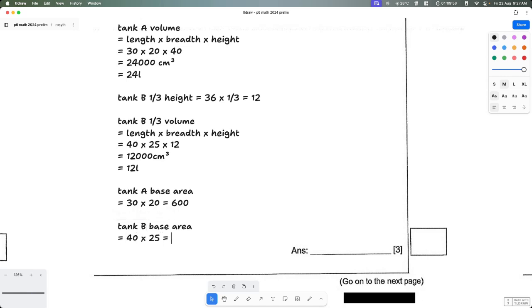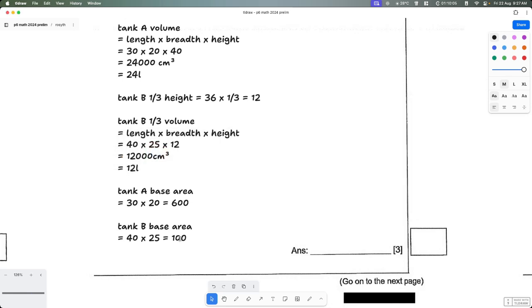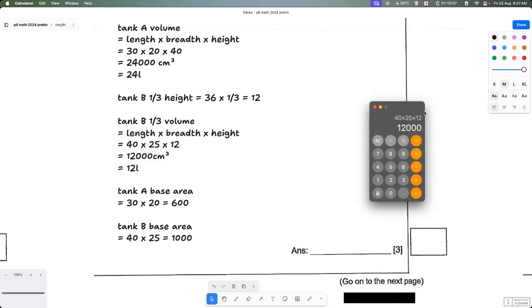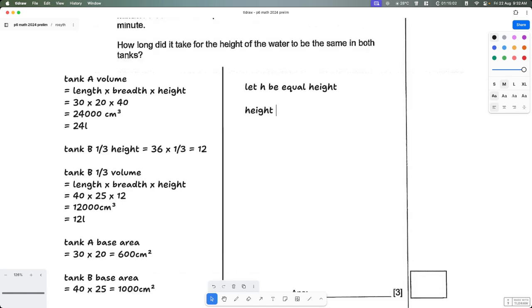This will give us 1000 centimeters square, right? So height is equal to total volume divided by base area. So equal height is just total volume divided by total base area.